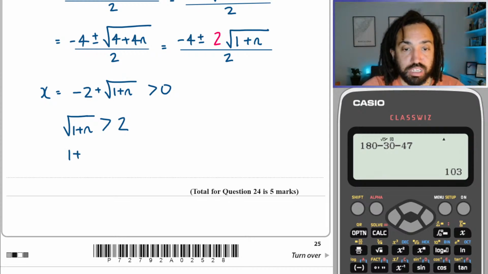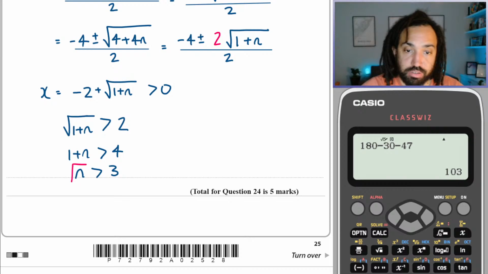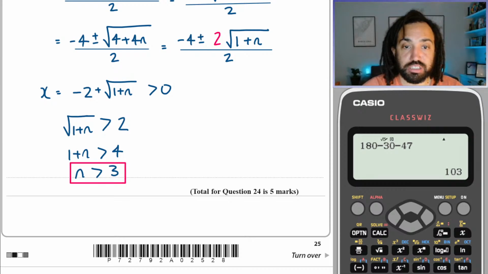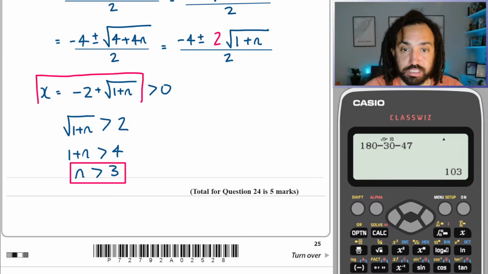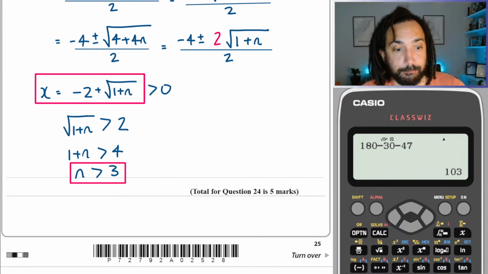So it means 1 plus n must be greater than 4 by squaring both sides. So n must be greater than 3. So that's our final answer. X is equal to this with n greater than 3.